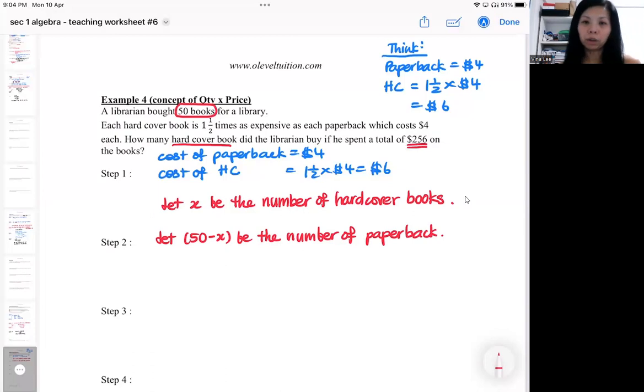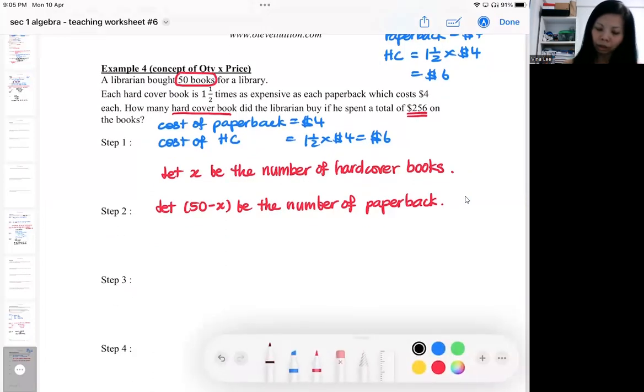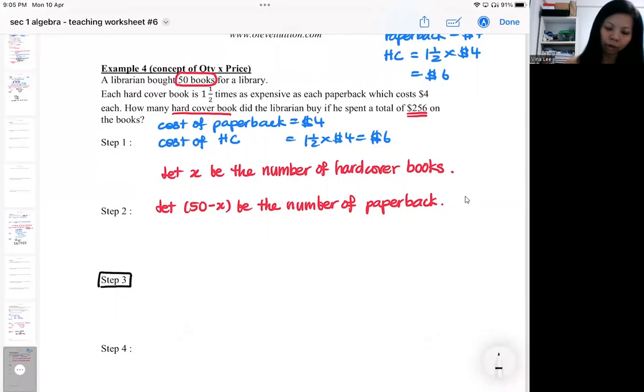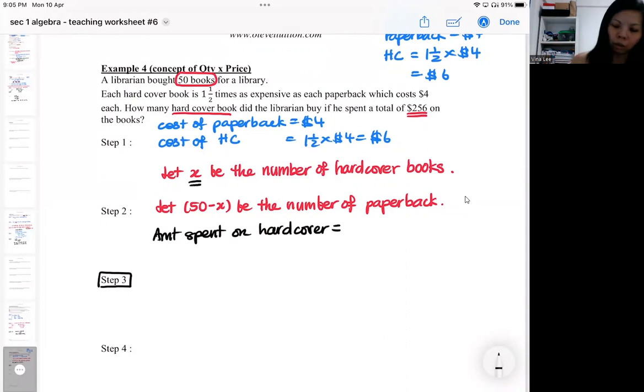Then I need to form the equation. So I need to make use of the 256 to form the equation. 256 is the total amount spent on the 50 books. So I need to find out the amount spent on hardcovers and the amount spent on paperbacks. The amount spent on hardcover will be quantity times price. This is the quantity, and this is the price. So I get 6x.